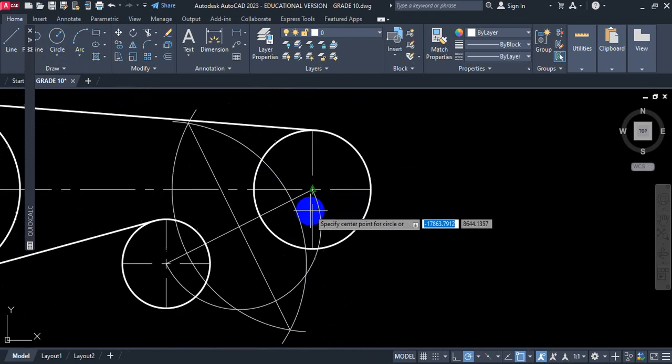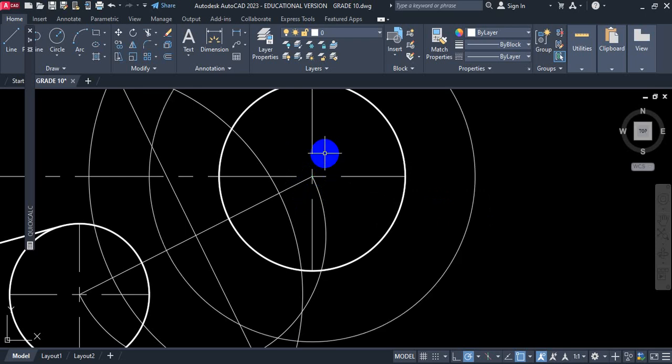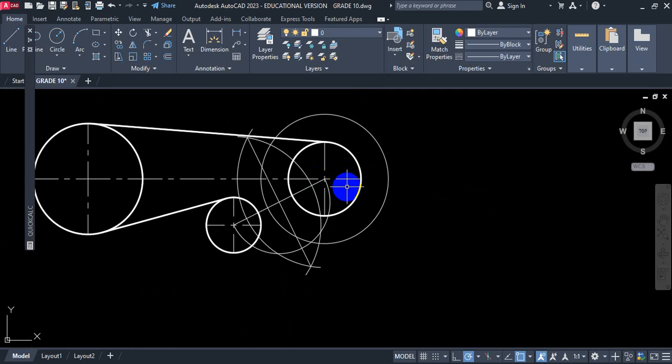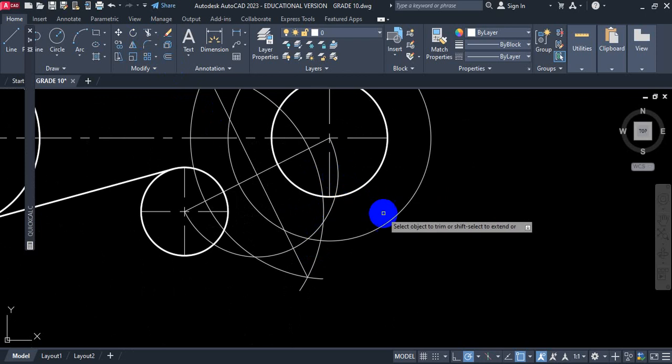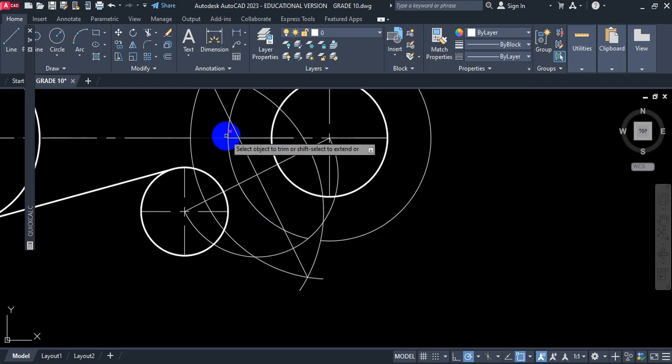So we'll draw our 35 circle by placing it on the bigger circle. But our concern again is when this circle touches the semicircle, this is the point of contact, so we don't need this.